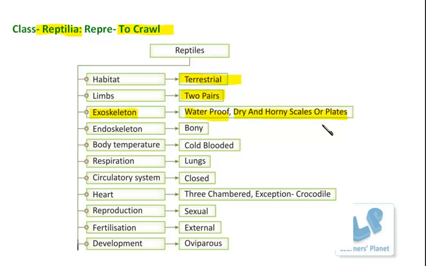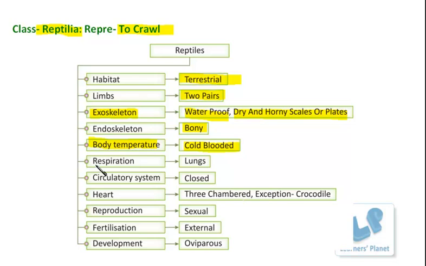Now, of course, as the variation occurs in different organisms, the subclassification will definitely take place. Besides this, the endoskeleton is of course bony. Regarding body temperature, these organisms are also cold-blooded. As I discussed about the amphibians, that those organisms are cold-blooded, the similar property is observed in the group Reptilia.